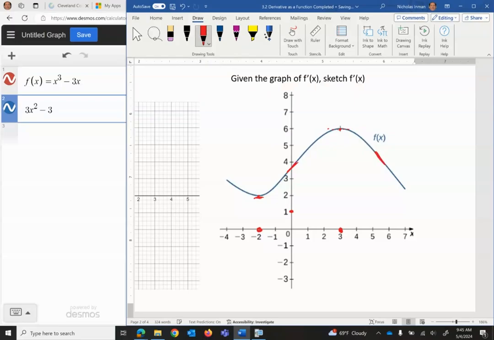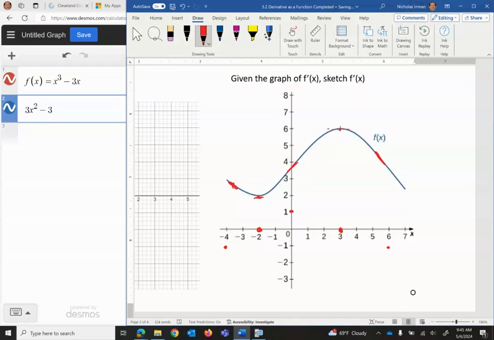Here, our slope is negative, so it's probably in the negative 1 range. Here, our slope is negative again, so probably in that negative 1 range.